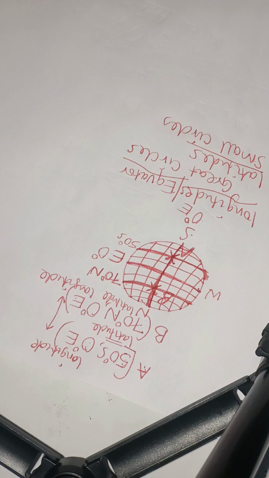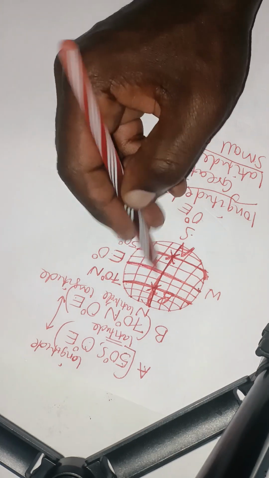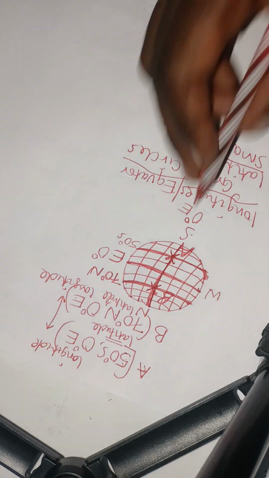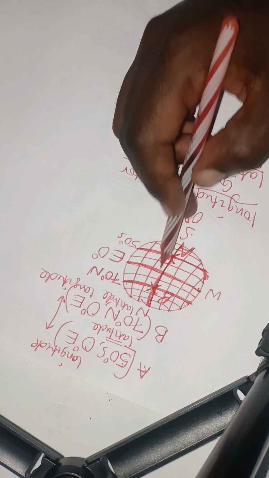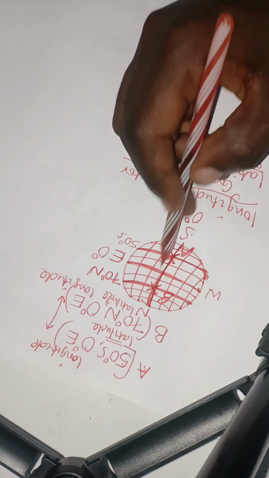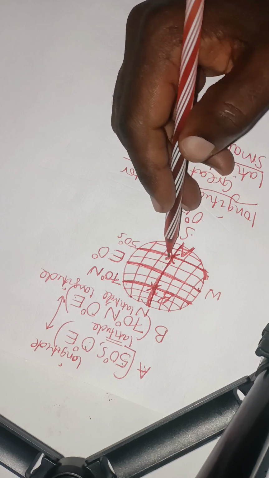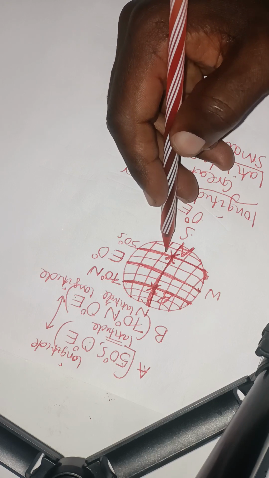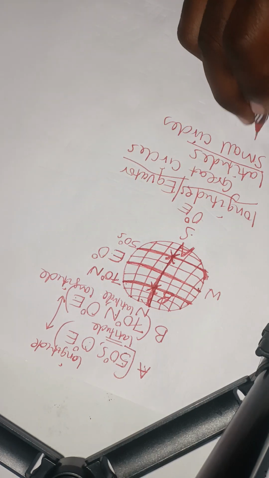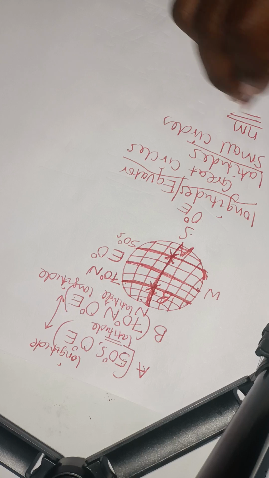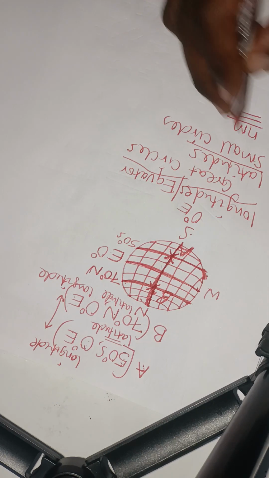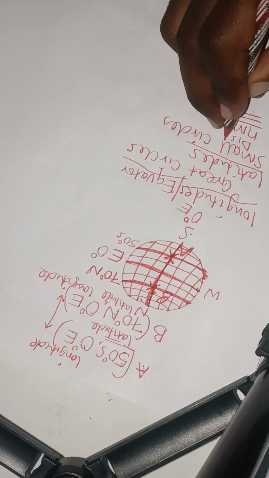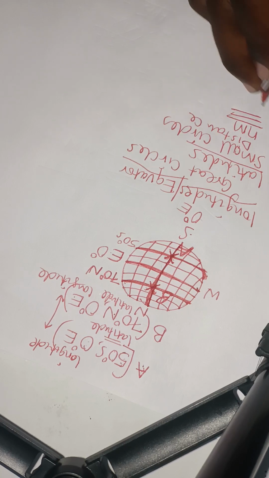That's correct. Now, our interest was to get the distance between point A and point B. If the 2 points are found on a great circle, or a longitude for this matter, the prime meridian, and someone asks you to get the distance between them in nautical miles, what is the formula?